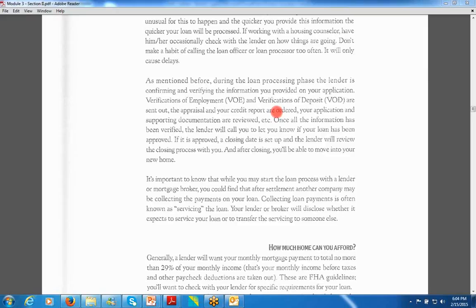But the money that's required for closing and the money that's required for reserves have to be what we call sourced and seasoned, okay? You know where it came from, and it didn't just drop into your account mysteriously yesterday, okay? Now, if you've got an established account and it's been around for more than 6 months, then you're in good shape. New deposits, you want to explain.